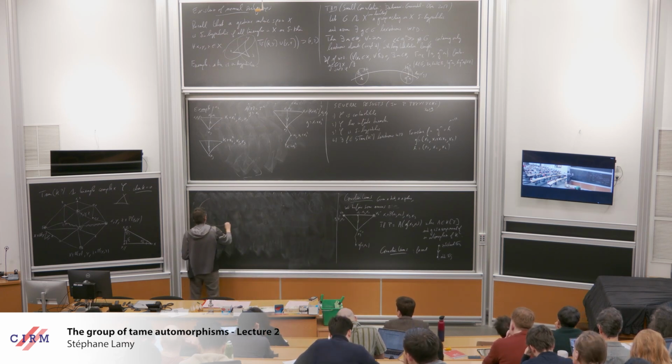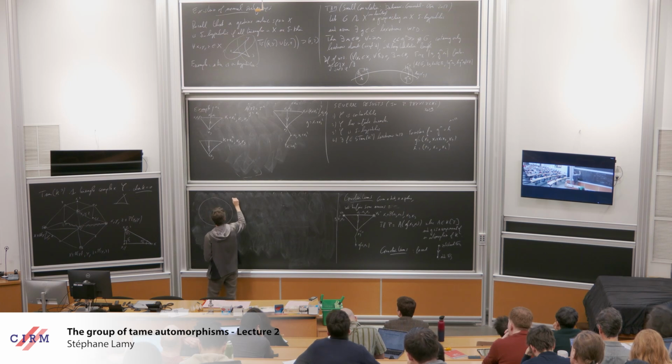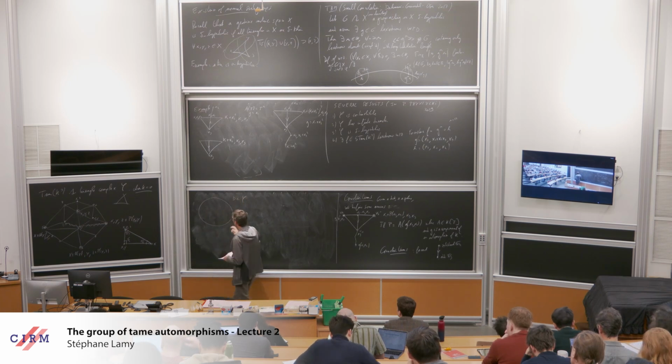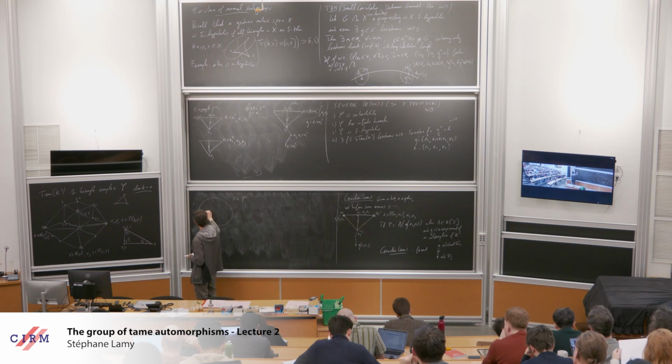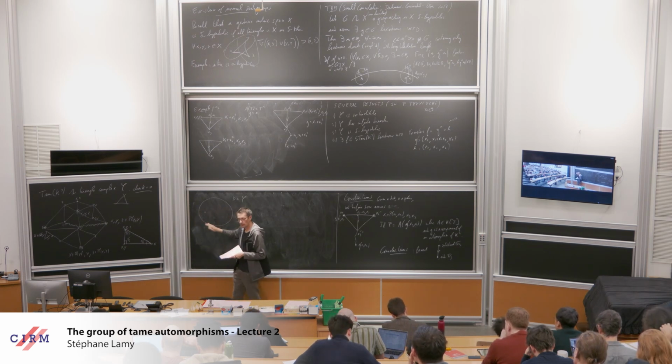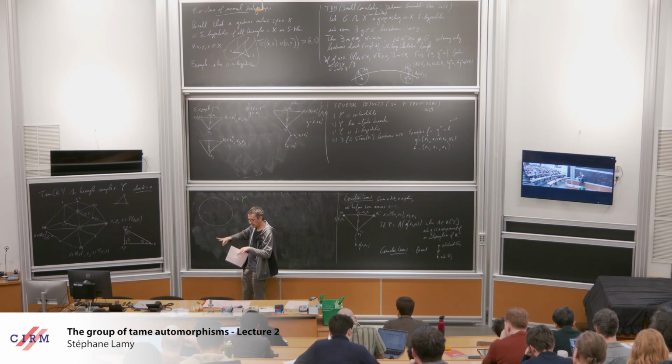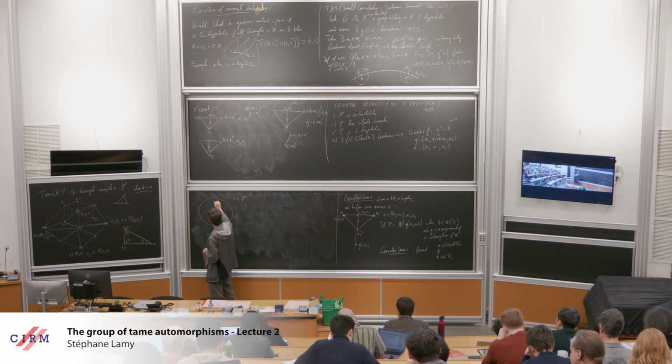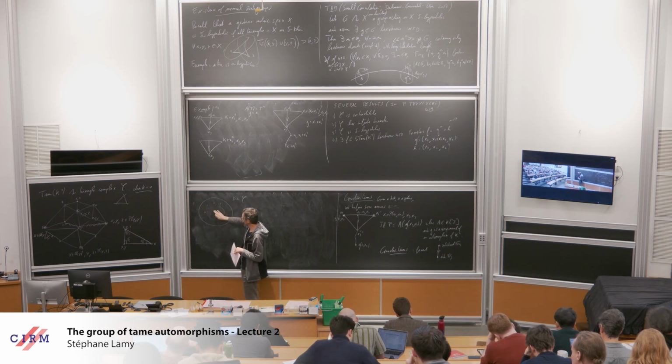So if you have a disk inside the complex, it cannot be like that, because we prove that the vertices with a strictly negative curvature fill in a uniform way the interior of the disk. So there is no big subdisk where you have only curvature 0. It's not possible.